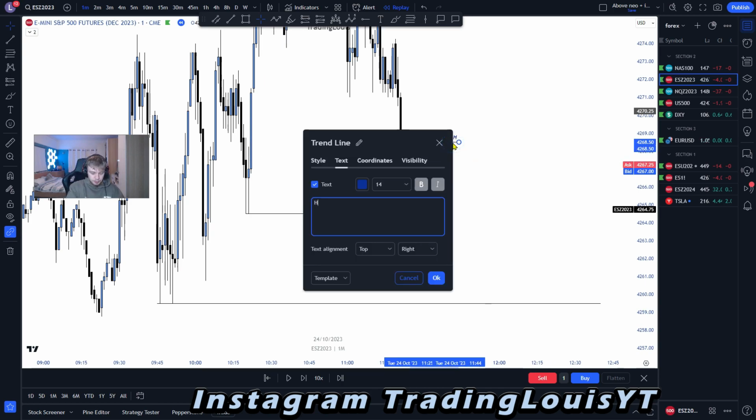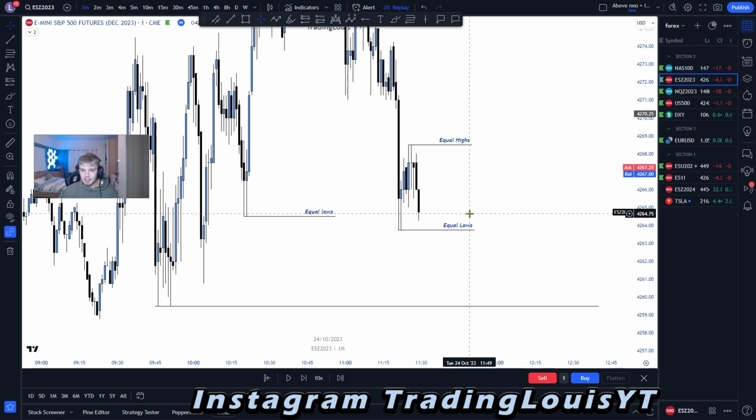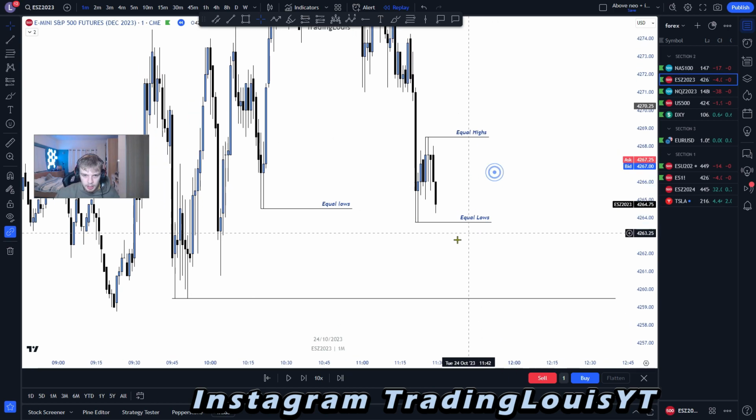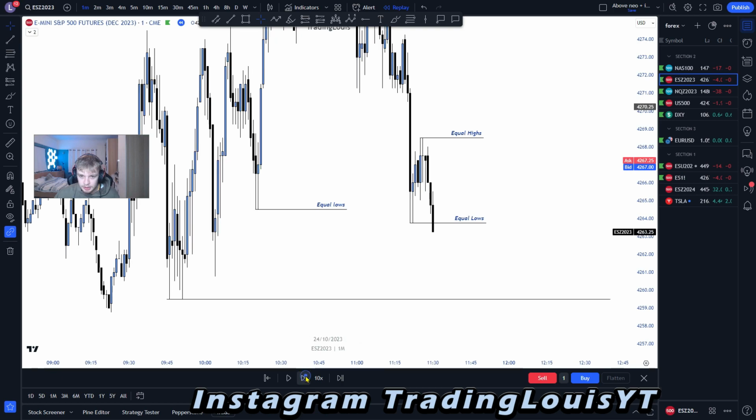Now, price may not always come and take certain equal lows and equal highs. I'm not sure if price actually does come into these equal highs up here, but let's just play out this price action.